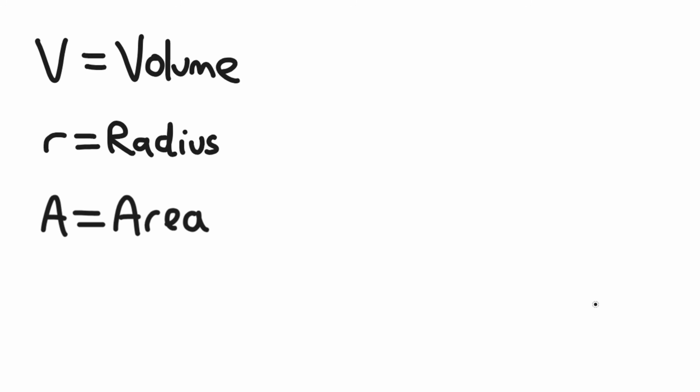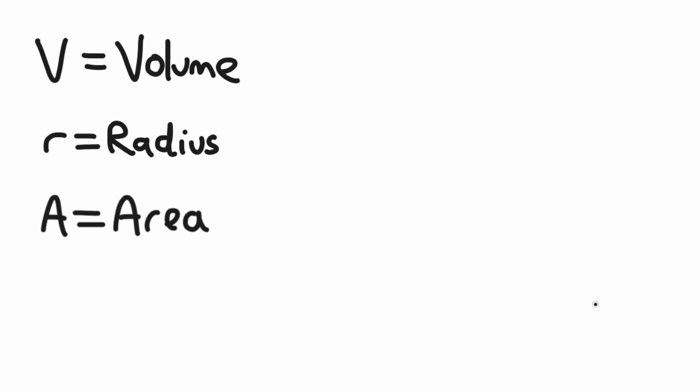Firstly, the questions almost always revolve around volume or area, and you need to give these terms letters to use in your equations. Now, sometimes they'll just give you the letters, but other times you may actually have to assign these yourself.